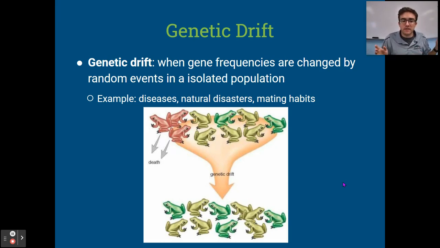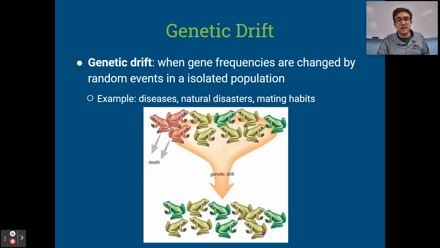It's just wiping out everything. So with genetic drift, if this is our population of frogs and all the red frogs somehow die, if they disappear from this population, well, all that's left is the green and yellow frogs. So that's going to change the frequency of the green and yellow alleles in this population.